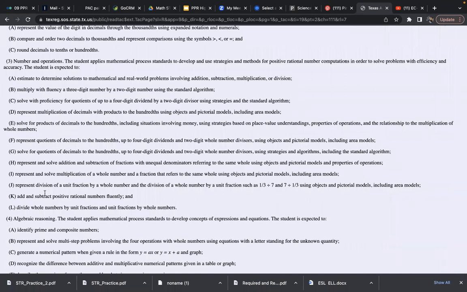So they need to be able to represent division of a unit fraction by a whole number and the division of a whole number by unit fractions, such as 1/3 divided by 7 and 7 divided by 1/3, using objects or pictorials, including area models. Now, we just looked at pictorial models. And on the test, they're not going to be able to use objects.